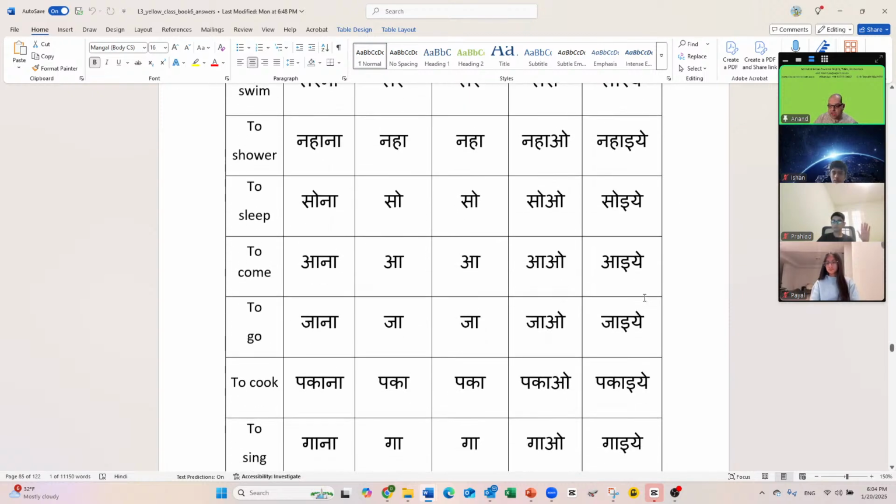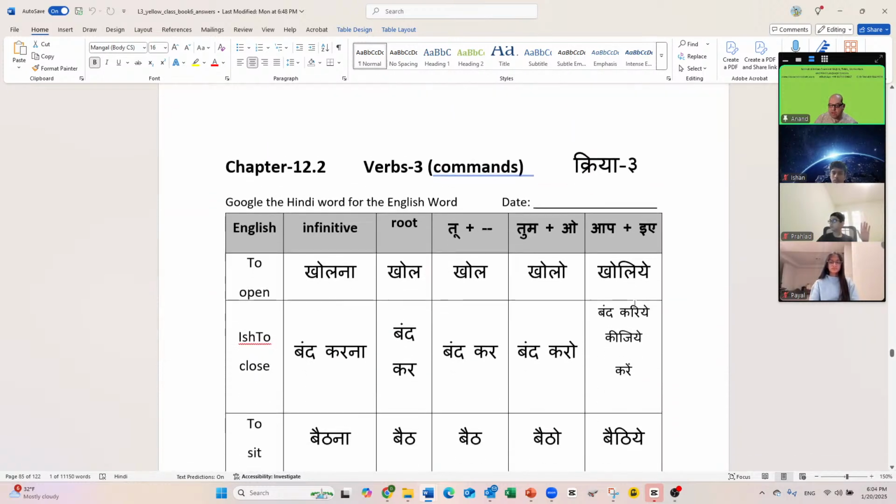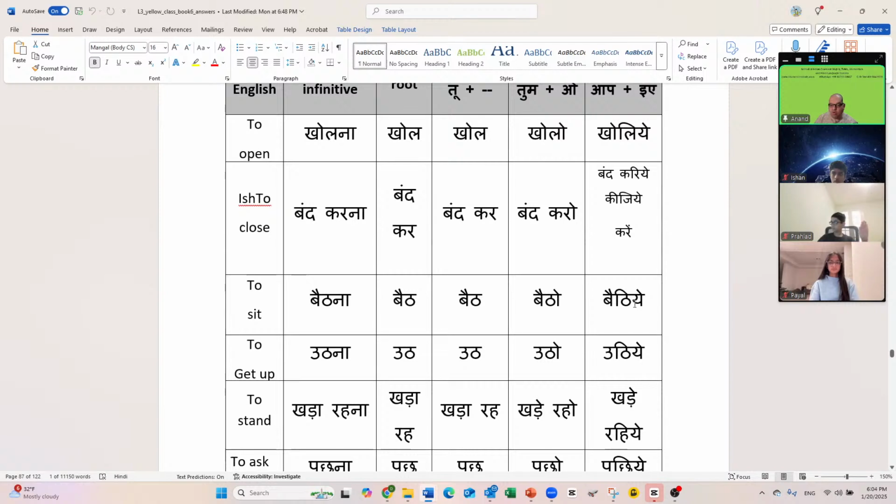We conjugated a few verbs last class, and then we did some vocabulary, and then we came to some more verbs. In this case, what we found was that some verbs are not regular. The first one was to close, band karna. Here the verb is divided into two parts, band and karna, and only the second part, karna, gets conjugated. So it's tu band kar, tum band karo, and aap band kariye.